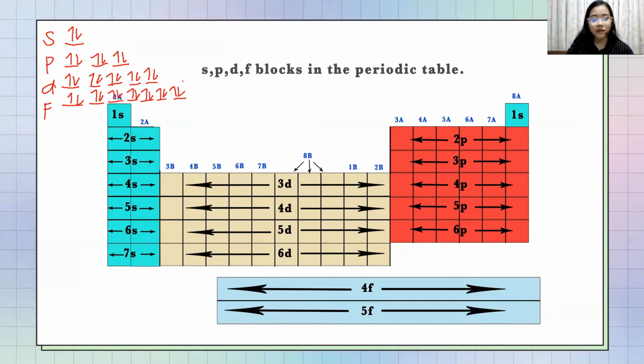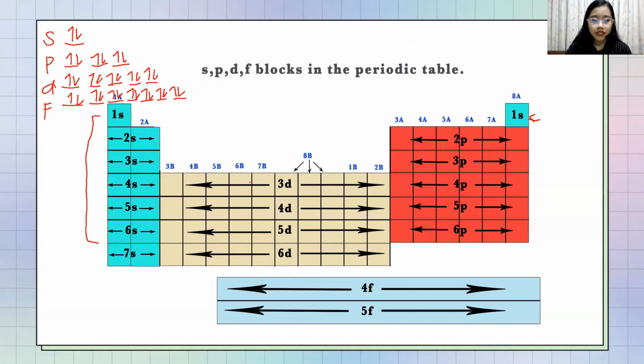In the periodic table, the first two columns and helium are the S block. Noble gases, halogens, nonmetals, semimetals, and other metals at the opposite side are the P block.